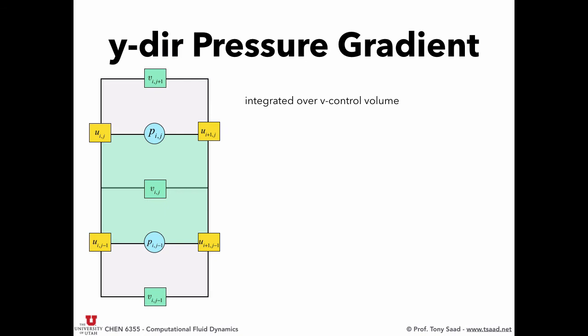So the integral of P dot n ds for the V control volume is simply P north delta x minus P south delta x, and then you get Pi,j minus Pi,j-1. That's essentially dp dy, okay?